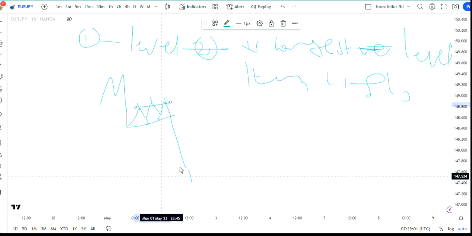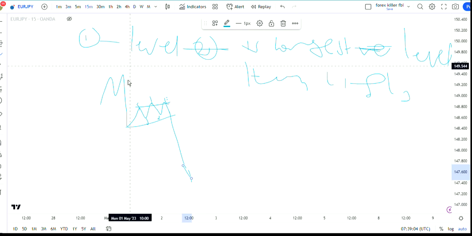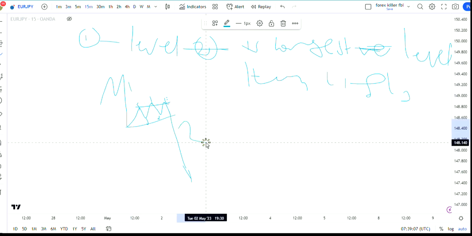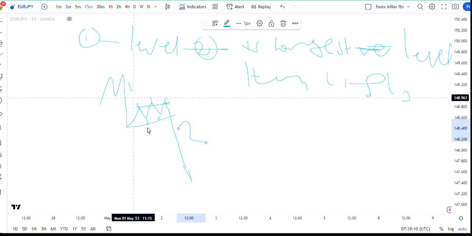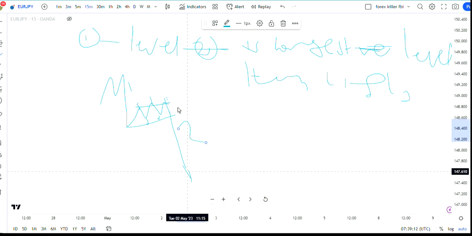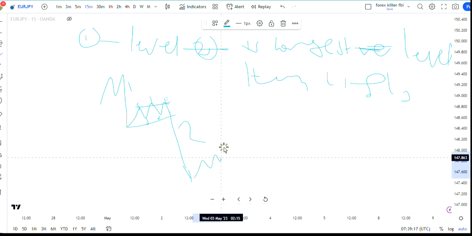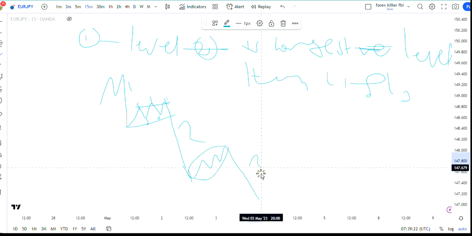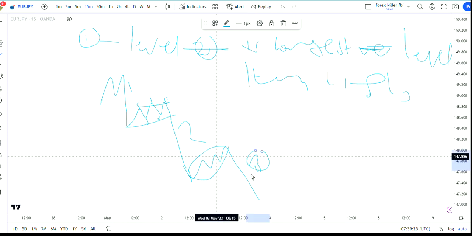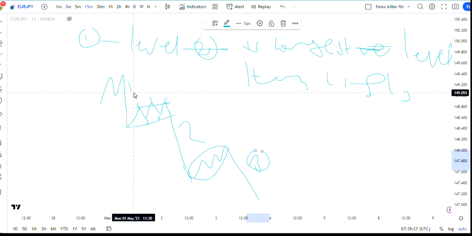So this is level 1, then this is level 2, which will be the longest level compared to level 1 and level 3. After level 2 impulse, we will also have a correction, then another impulse. So this level 2 will be the longest level compared to level 3 and level 1.